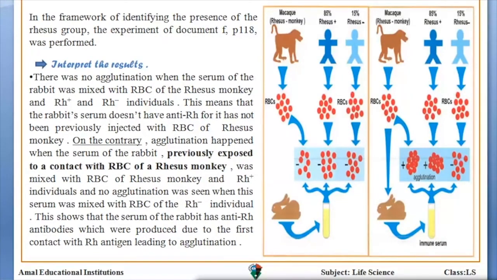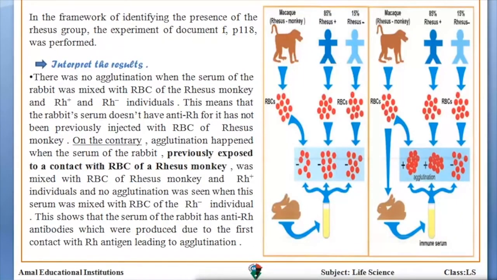That is, the anti-Rh antibody could be acquired, I'm stressing on the word could be acquired, during life if the individual is exposed to a blood transfusion in such a way that the transfused red blood cells possess the rhesus factor.